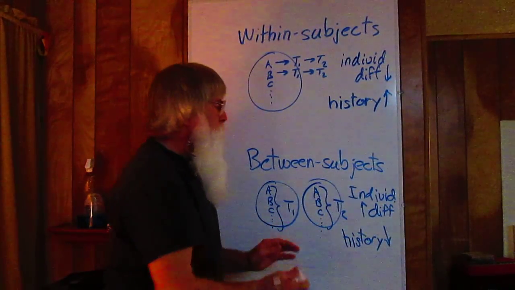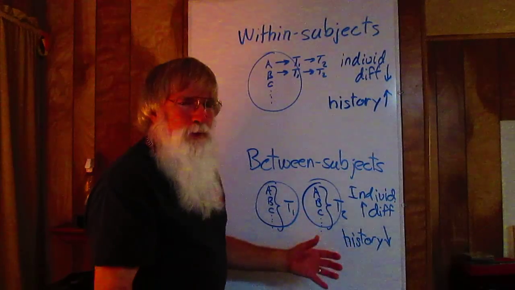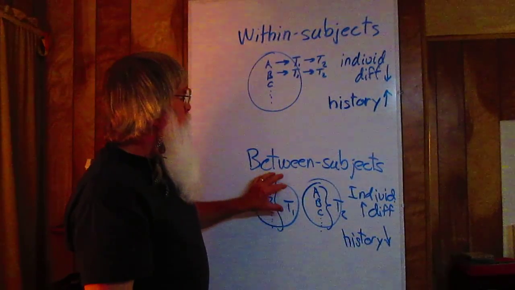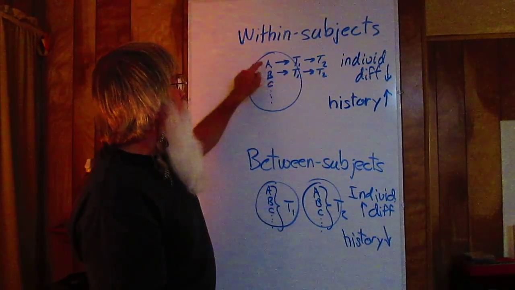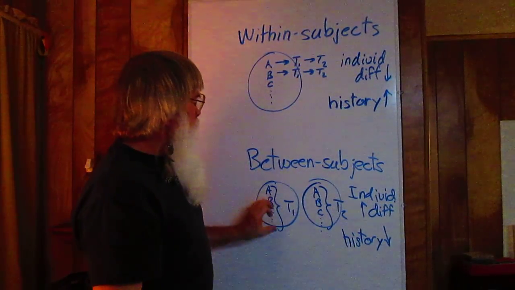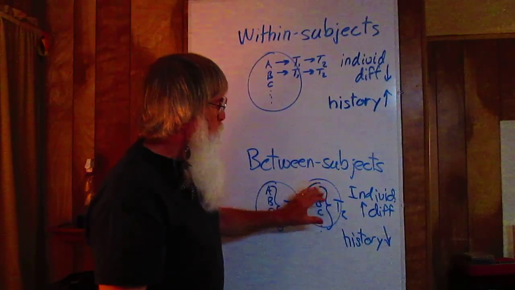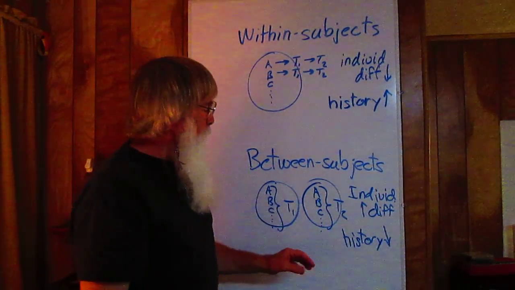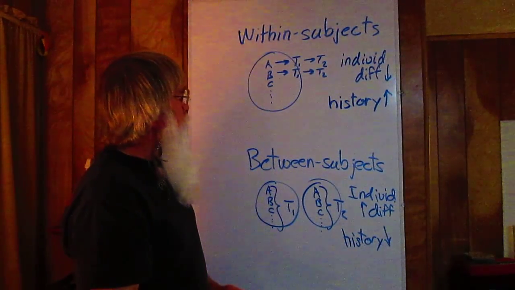However, it is possible, just by random chance, that we have gotten a group here that is somewhat different from the group over here. That's impossible up here because the same person gets T1 and T2. But here, this whole group could be somewhat different from this group, and therefore individual differences become problematic. However, history differences are not a problem at all.